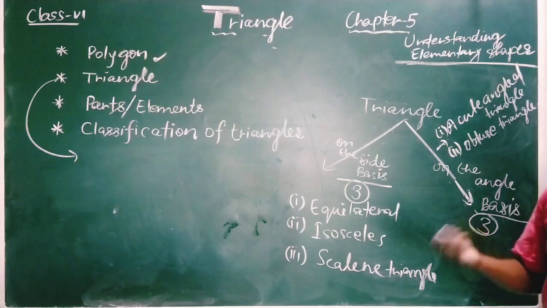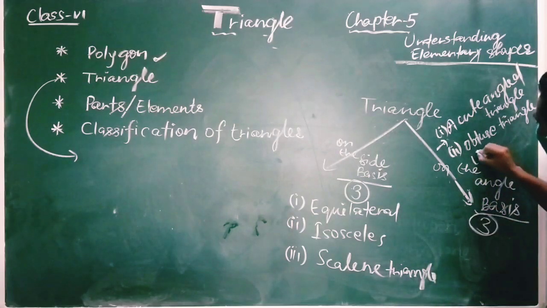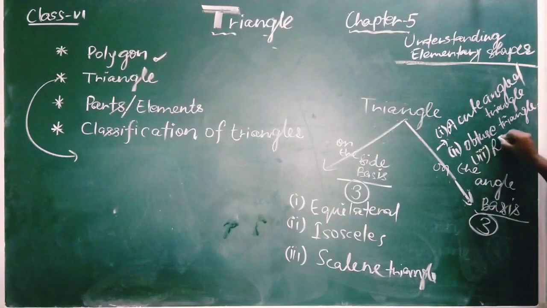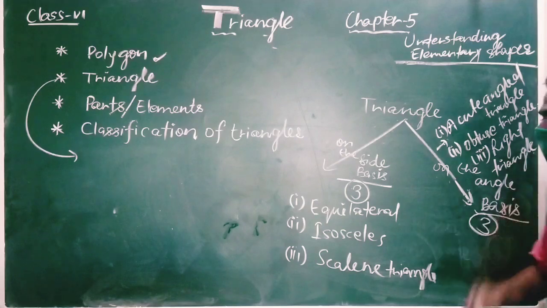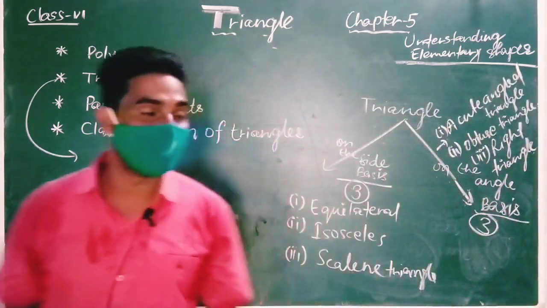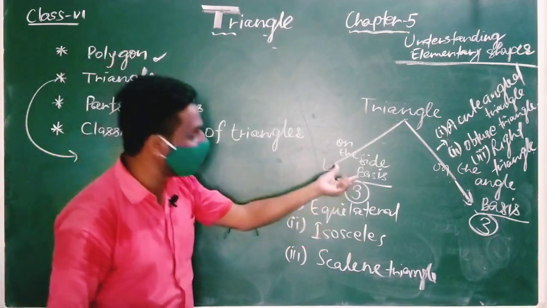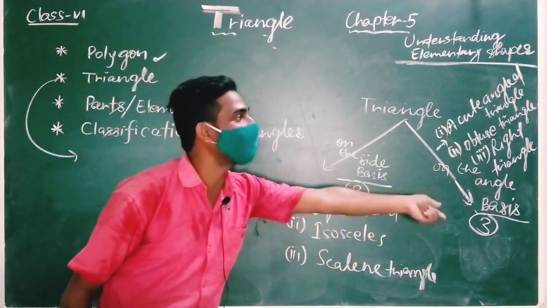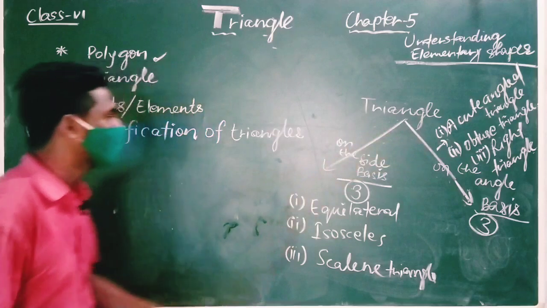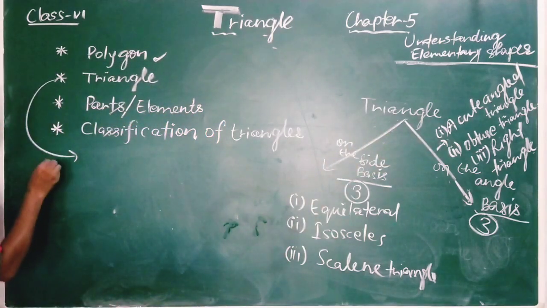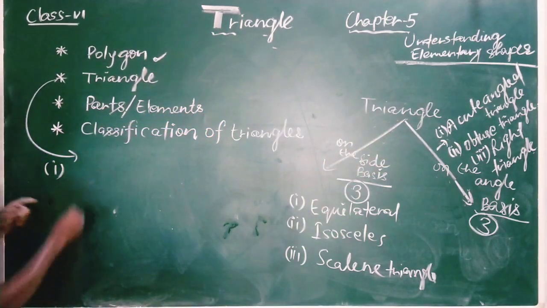And the third one is right triangle, or right angled triangle. So these are the types of triangle classified on the side basis, and these are classified on the angle basis.